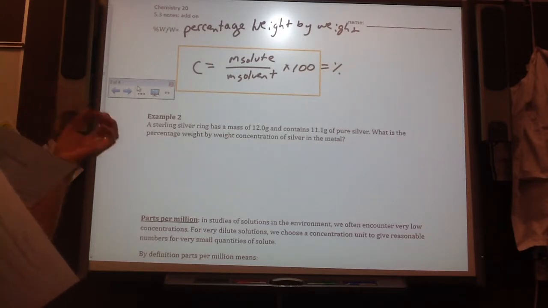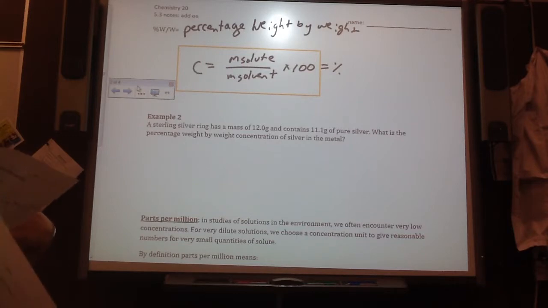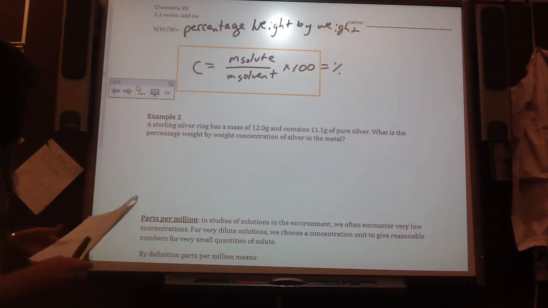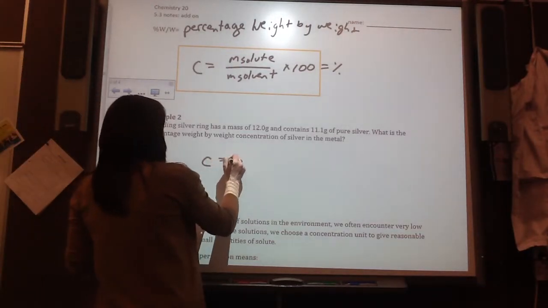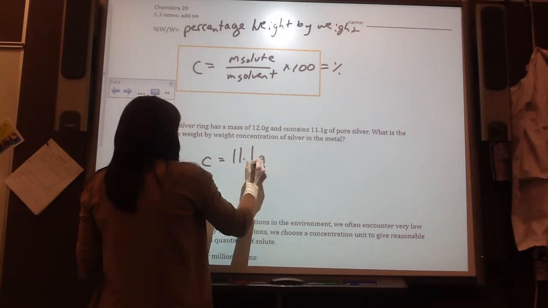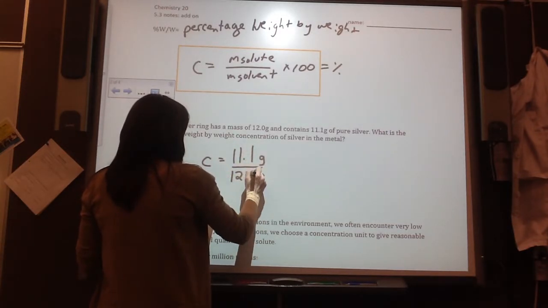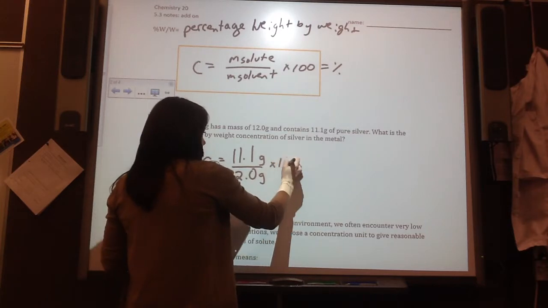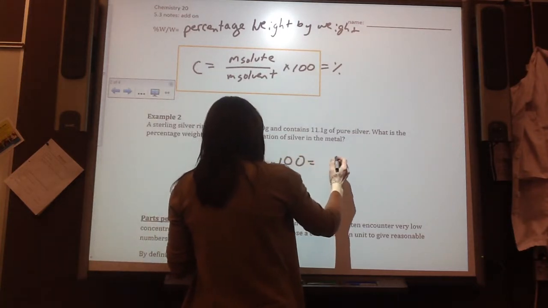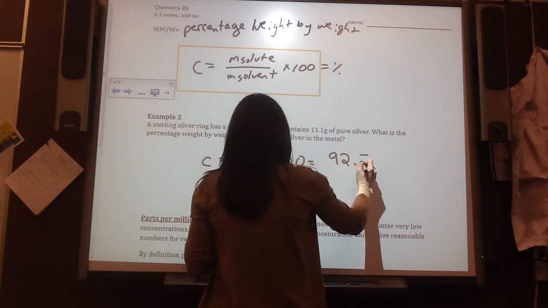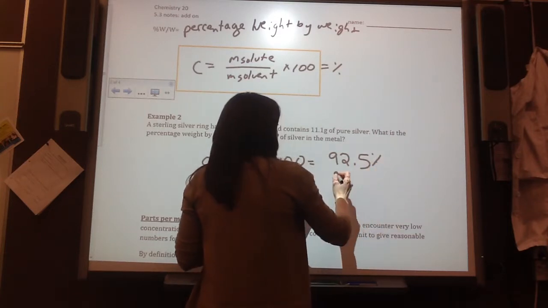What is the percentage weight by weight concentration of silver in that metal? So C is equal to 11.1 grams divided by 12.0 grams times by 100 is equal to 92.5% silver.